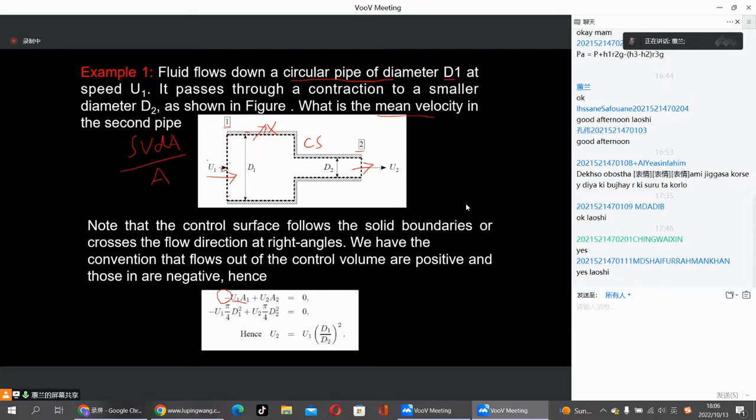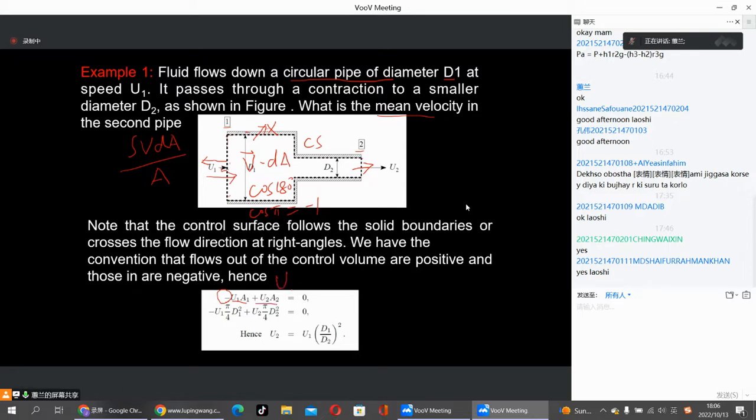Why? Because we know by definition the normal direction of the control surface always goes outward, and in V dot dA, cosine 180 degrees, or cosine pi, equals -1. That's why we always say going inside is negative and going outside is positive.